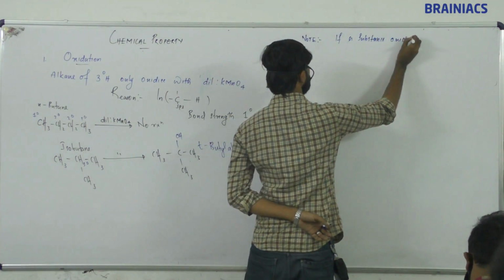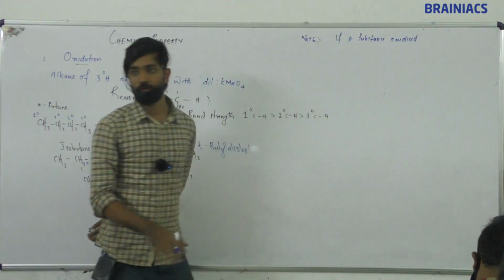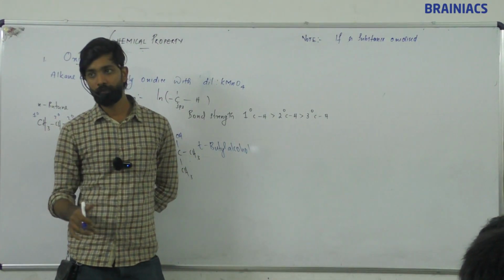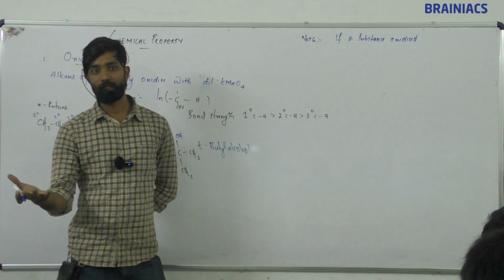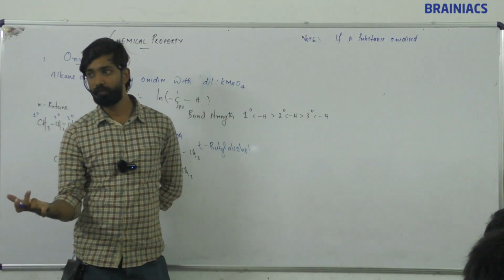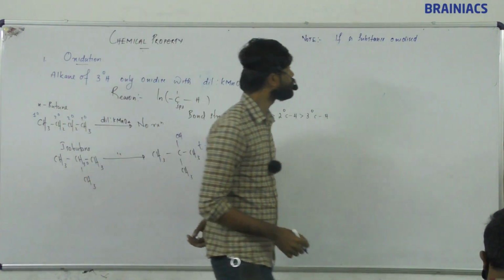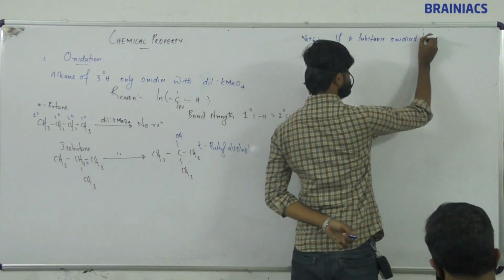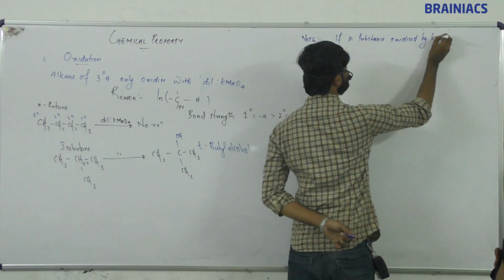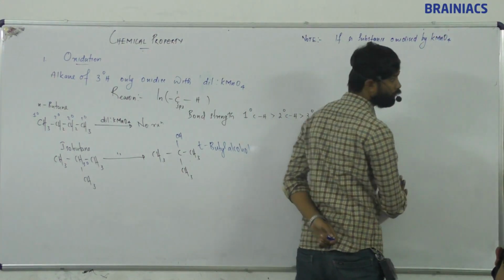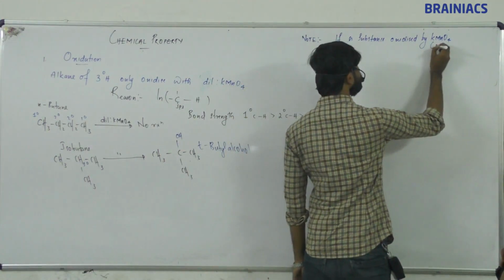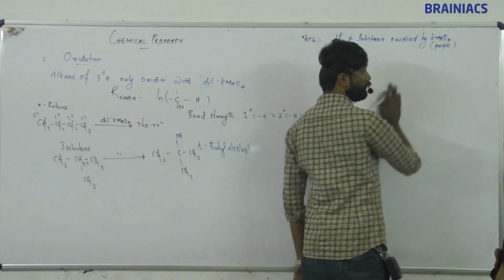We know that potassium permanganate is a strong oxidizing agent, okay? In D and F block elements, we already discussed it. A strong oxidizing agent, it can act as an oxidizing agent in acidic medium, basic medium, neutral medium, okay? So if a substance is oxidized by KMnO4, the KMnO4 has a purple color.